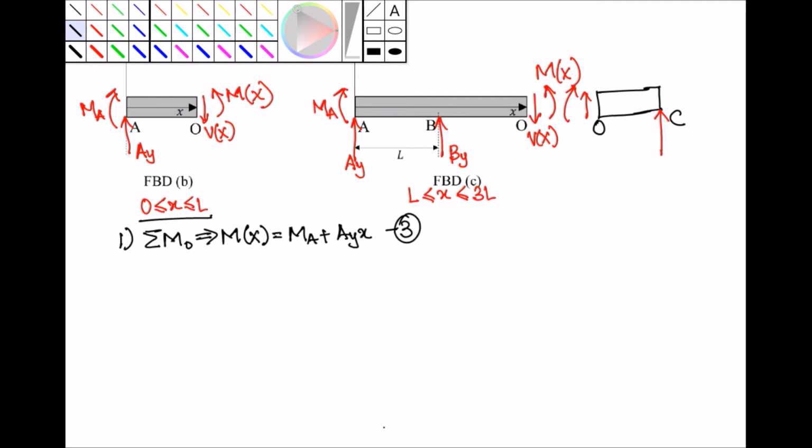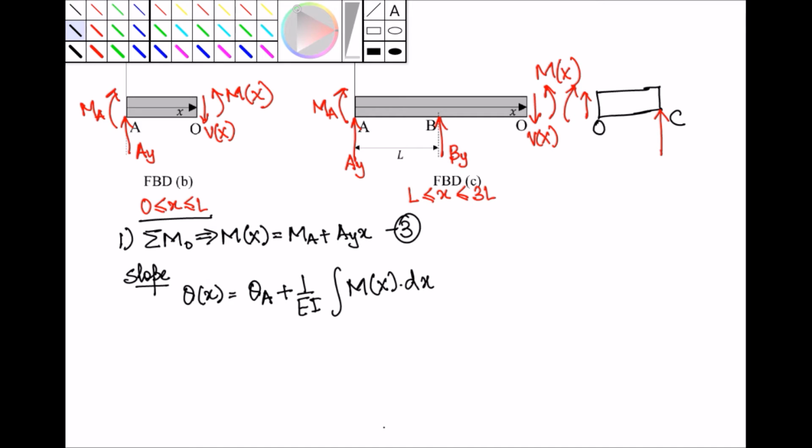We will use the definite integral approach for this solution, which means that the slope function theta of x is equal to the slope at the left hand side, theta A, plus 1 over EI multiplied by the integral of M of x dx.